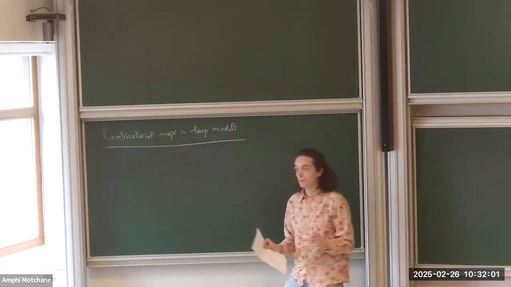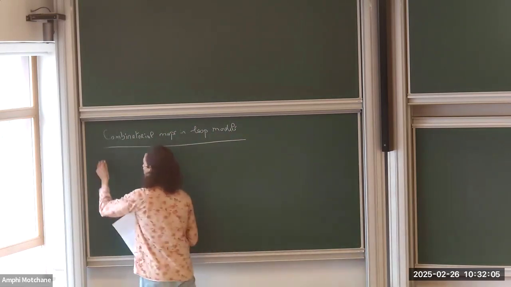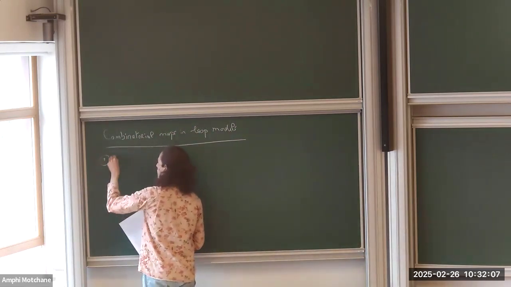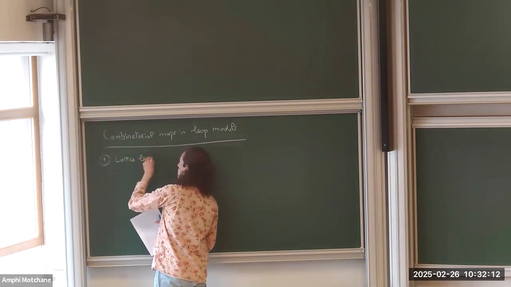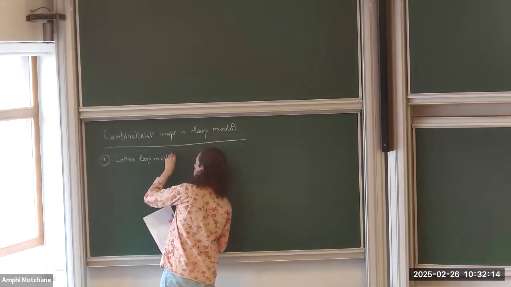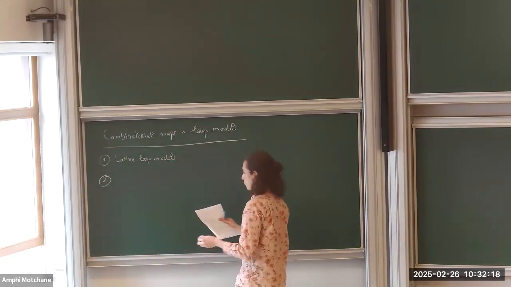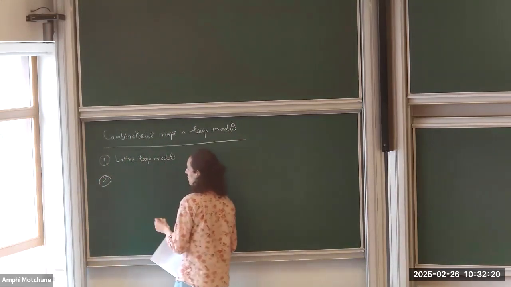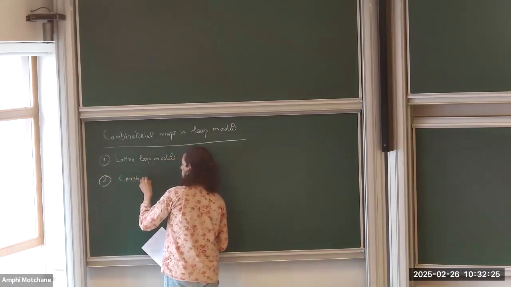All right, so my talk will roughly be divided into 3 parts. In the first part, I will try to explain what loop models are, defining them as lattice models. In the second part, I will give you a crash course on the CFT bootstrap.